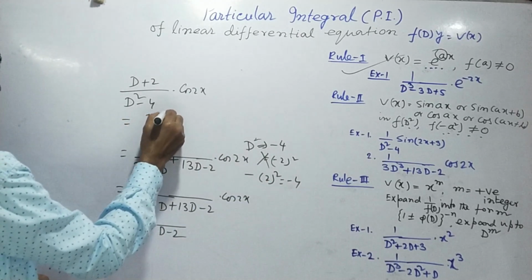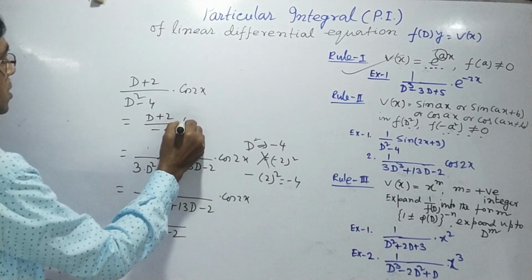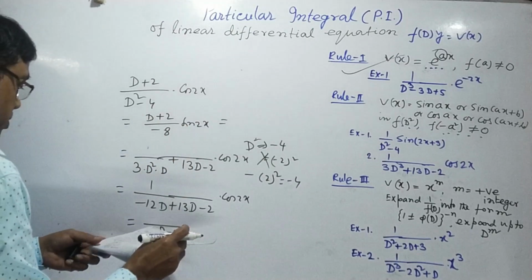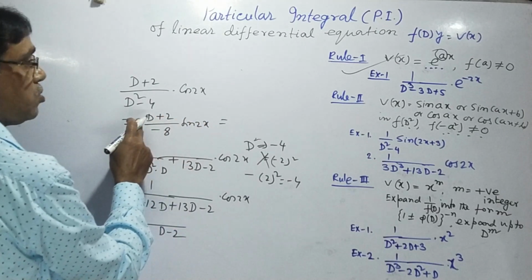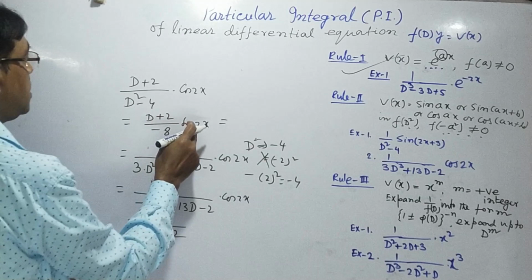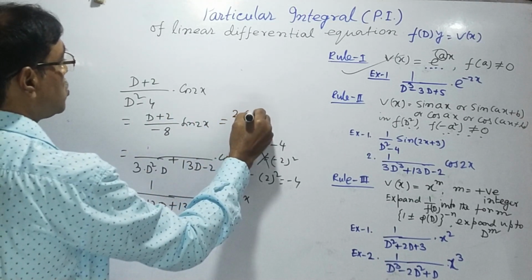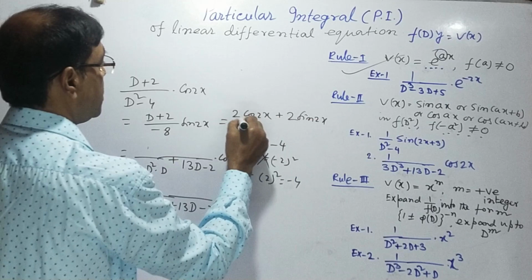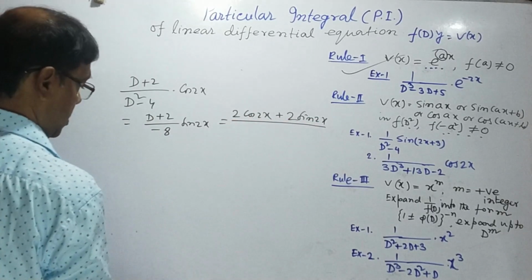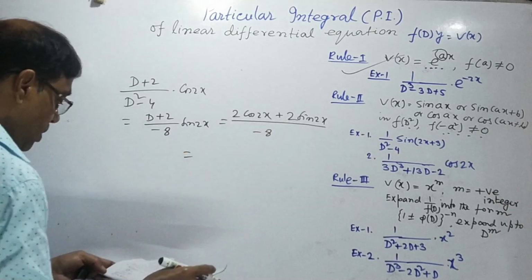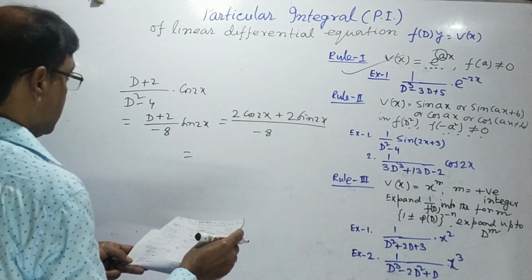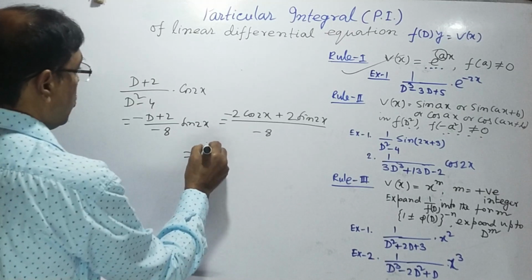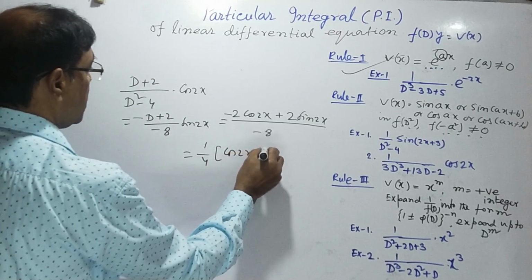Therefore this equals D plus 2 by minus 4 minus 8, sin 2x, that is minus 4 sin 2x, that is D of sin 2x, the derivative of sin 2x, that is cos of 2x, plus 2 into sin 2x, divided by minus 8, that is equals 1 by 4 into cos of 2x minus sin of 2x.